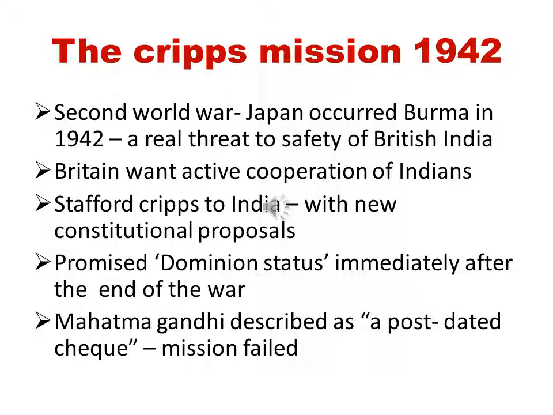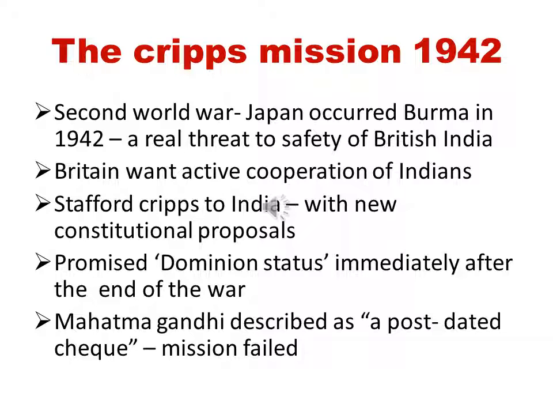During the Second World War period, Japan occupied Burma in March 1942. It posed a real threat to the safety of India. And Britain was so anxious for the active cooperation of the Indians in its war efforts. So in March 1942, the British War Cabinet sent one of its members, Sir Stafford Cripps, to India with new constitutional proposals.